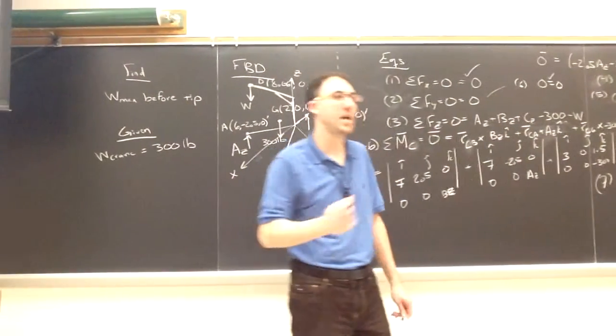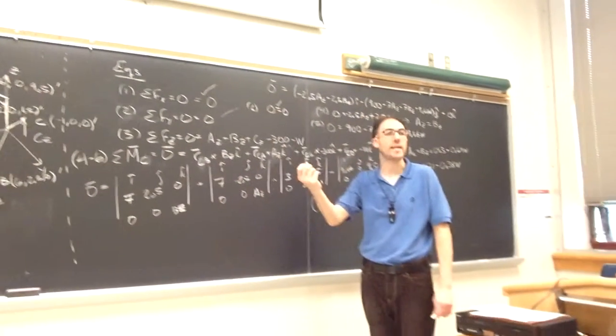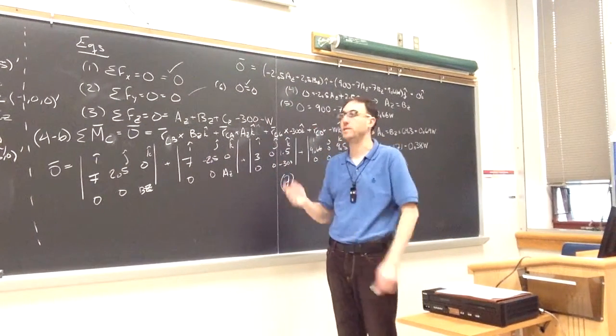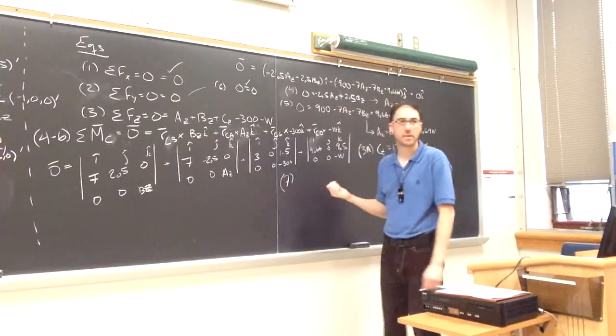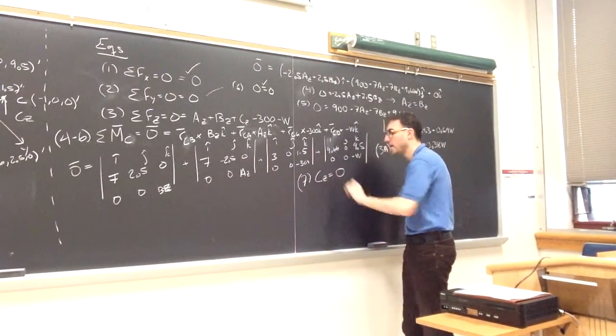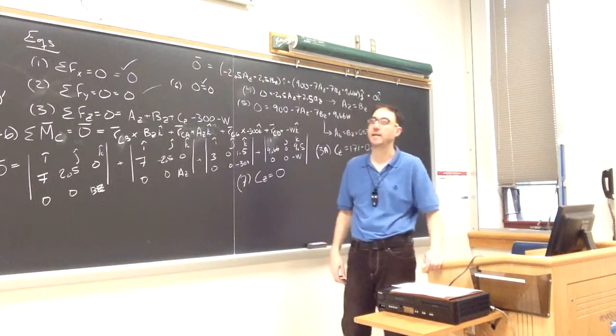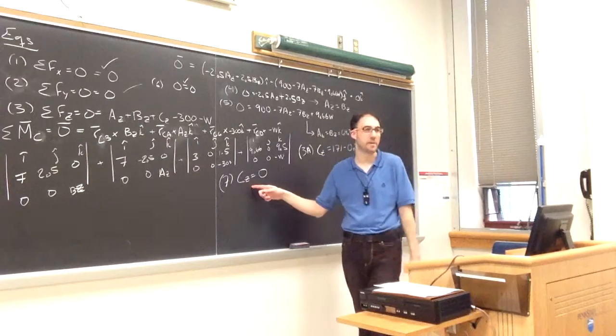But on the verge of tipping, that normal force drops to 0. If we apply any more weight, it would actively start to tip because CZ would become negative. So what we suspect is that when it's on the verge of tipping, the normal force between the ground and the wheel at C is going to be 0.